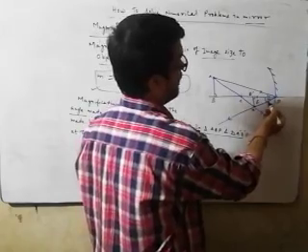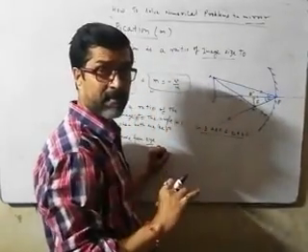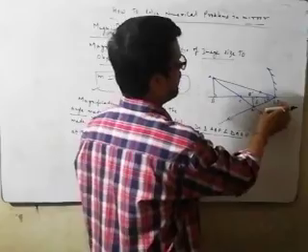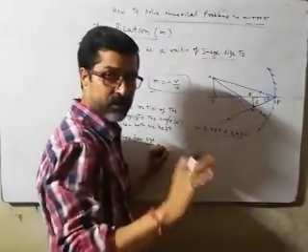Angle i is equal to angle r, this is general law of reflection. That means ABP and A dash B dash P are similar triangles.